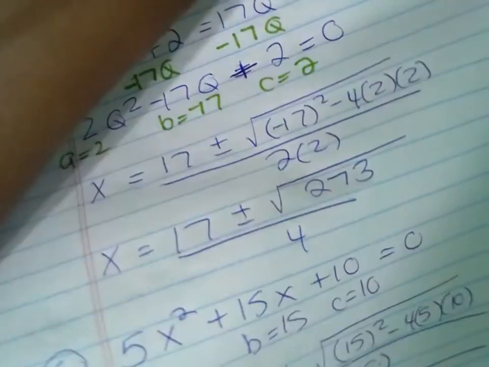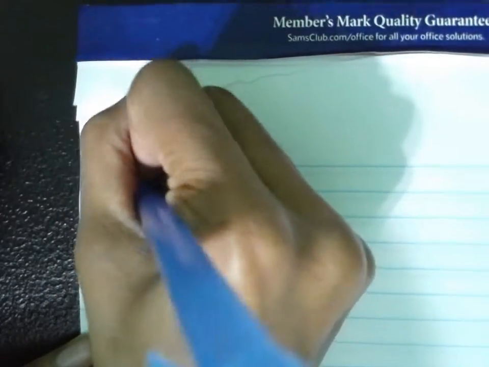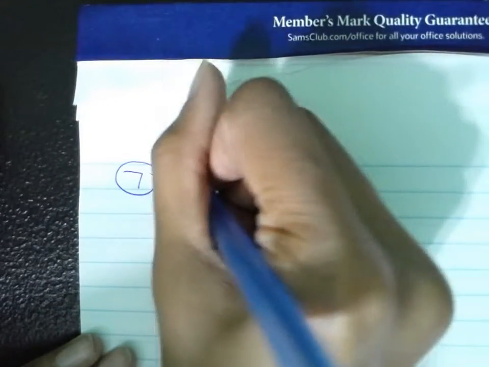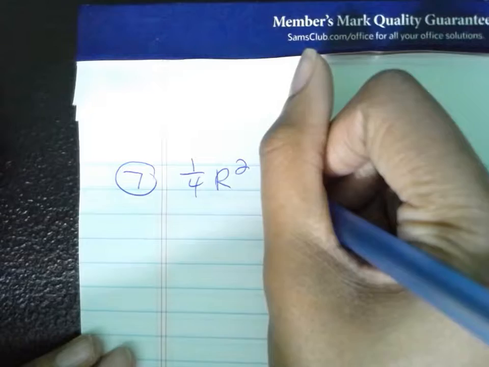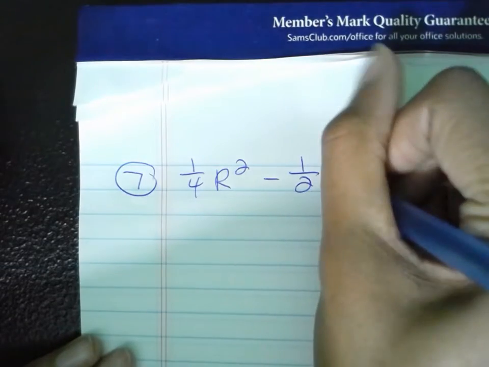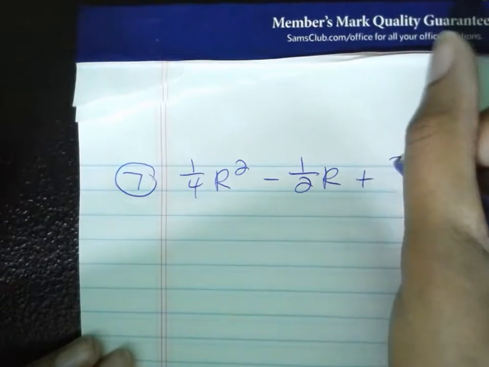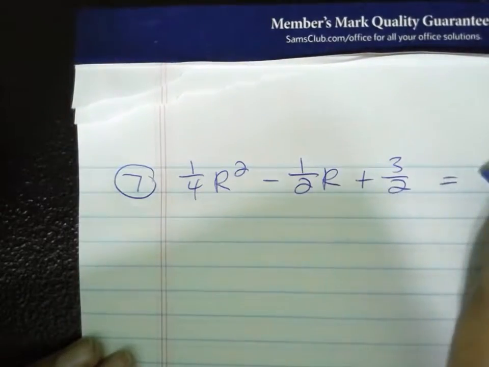All right, next one, we got a fraction. That's not too bad. When you have a calculator, it's not too bad. All right, so let's do number 7. We have 1/4 r squared minus 1/2 r plus 3/2 equals 0.